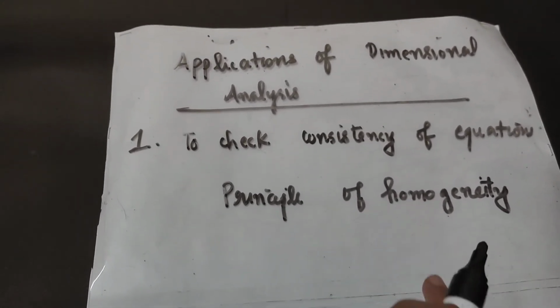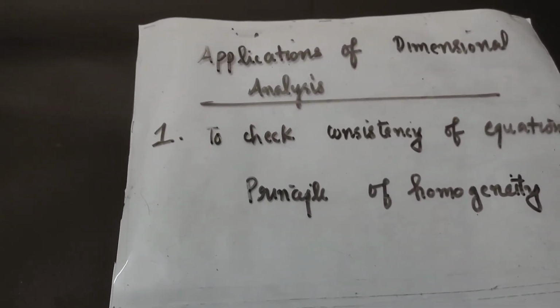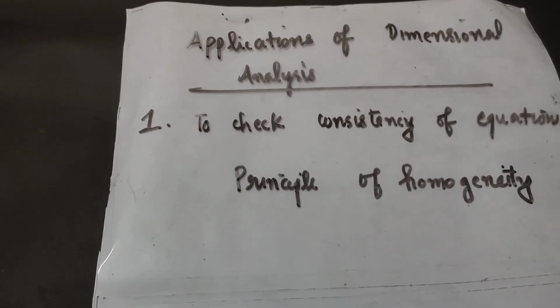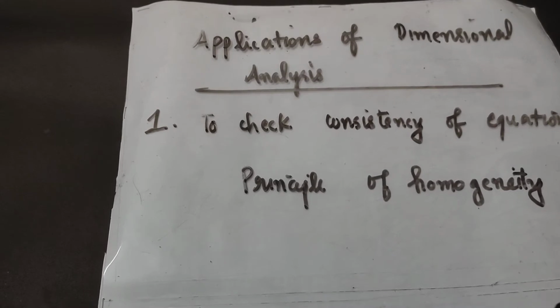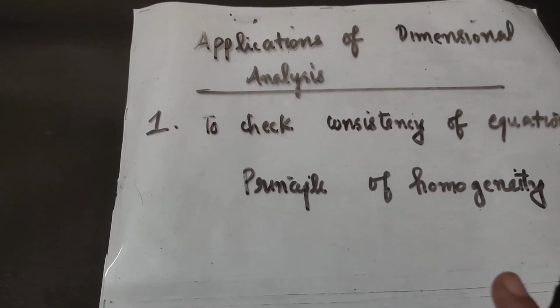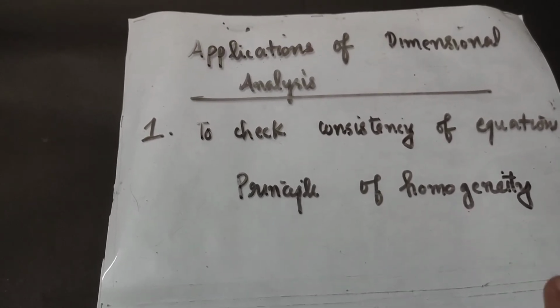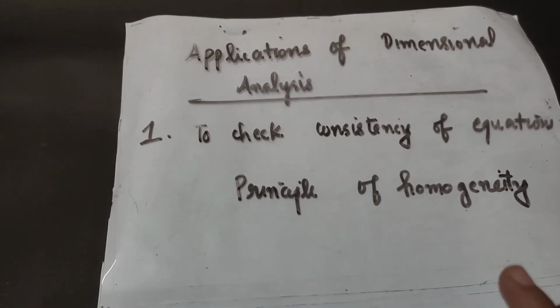I will tell you the statement of this principle. According to this principle, a physical equation will be dimensionally correct if the dimensions of all the terms occurring on both sides of the equation are the same.